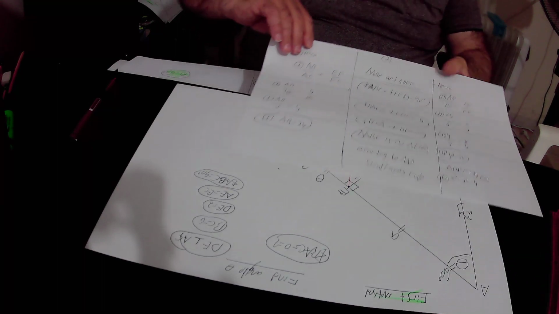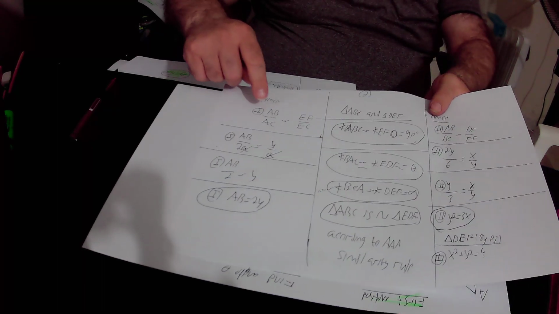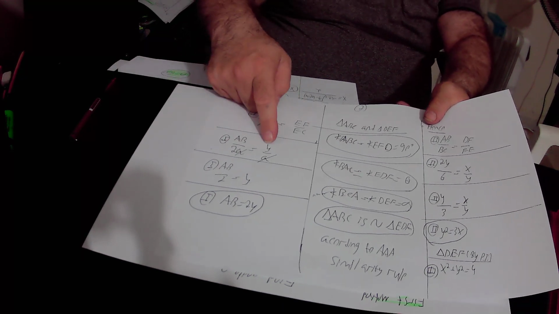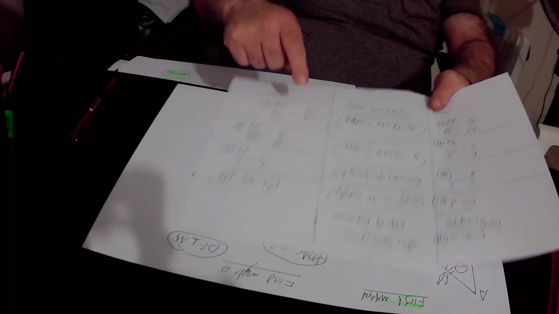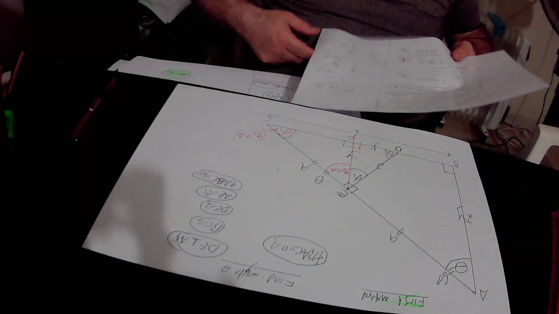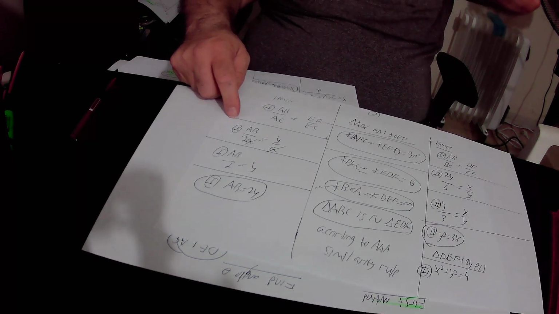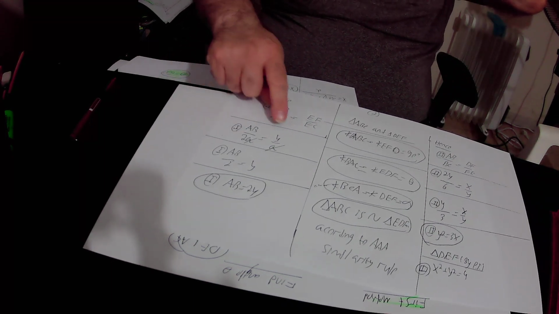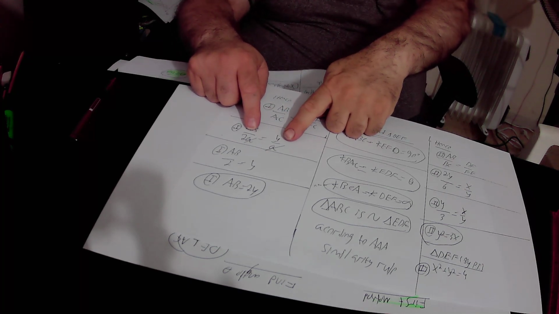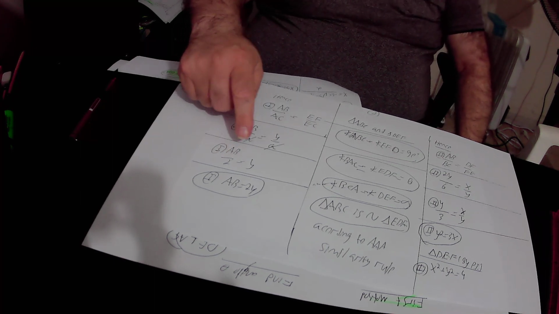AC equals A plus A, that is to say AC equals 2A, so we can substitute AC by 2A. EF equals y according to our definition, and EC is also equal to A according to our definition. So in conclusion, we found out that AB over 2A equals y over A. We have A on both sides of the equation, so A will get cancelled, and we are left with AB over 2, that is equal to y.